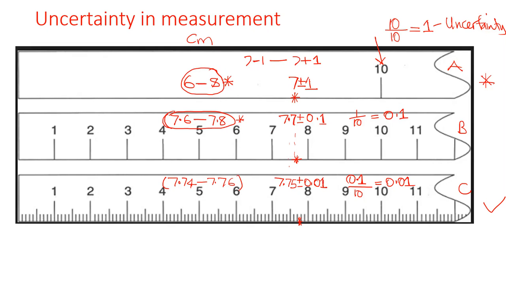Now I am even more accurate when doing a measurement with C than when doing a measurement with B and A. So usually, if you want more accuracy, you want more divisions on your measurement.